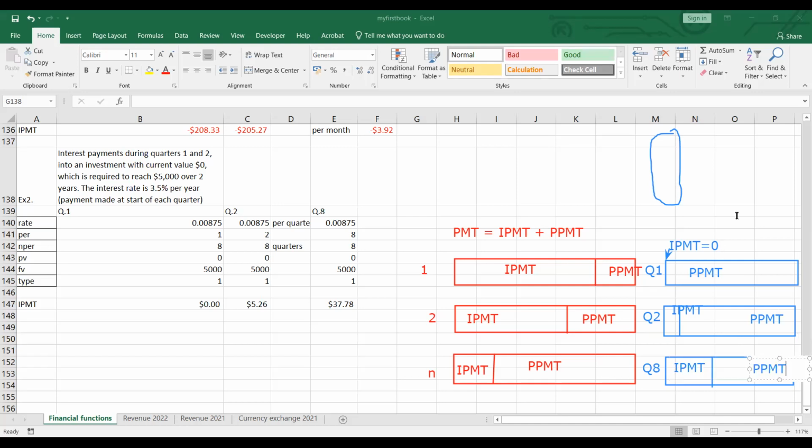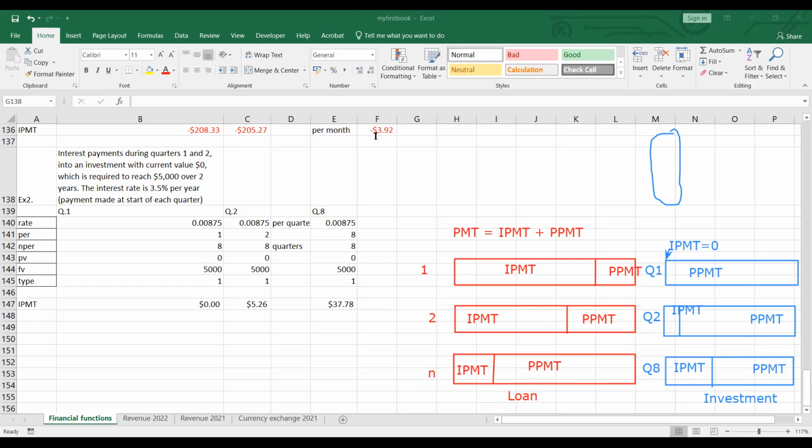So you can see that the proportion of the interest and the principal is switched, the opposite way from the loan. Let me just type here: this is investments, this is the loan. The proportions are just opposite way around.